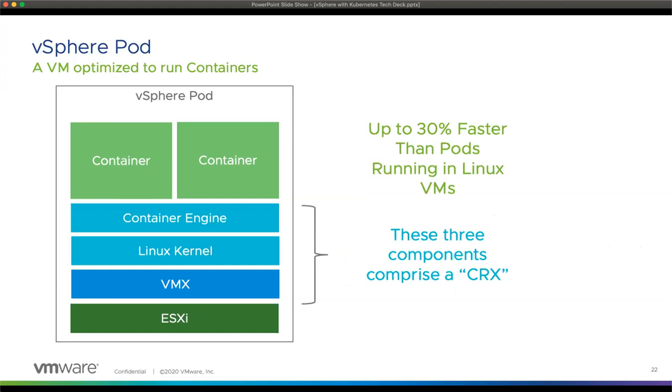These run up to 30 times faster than pods running in Linux VMs. Now, why are they faster? Do the pods vMotion? You don't vMotion pods, you instantiate new pods. I'll dive into that in a little bit. Why are they faster?